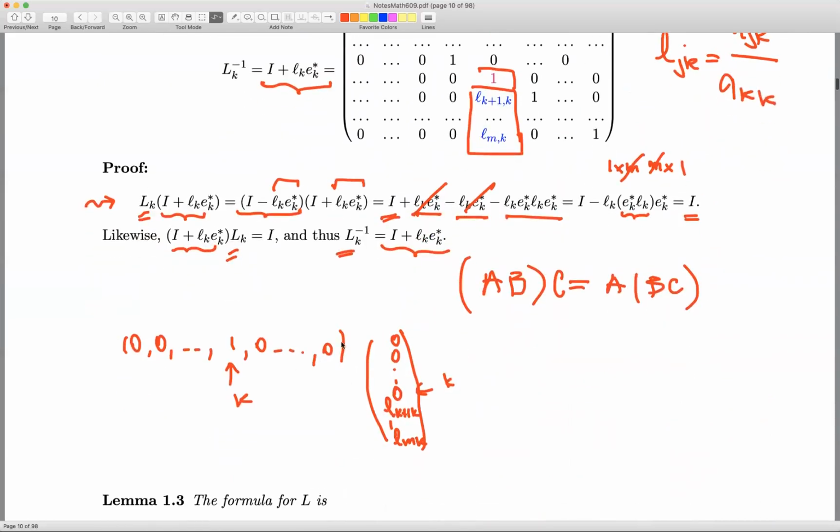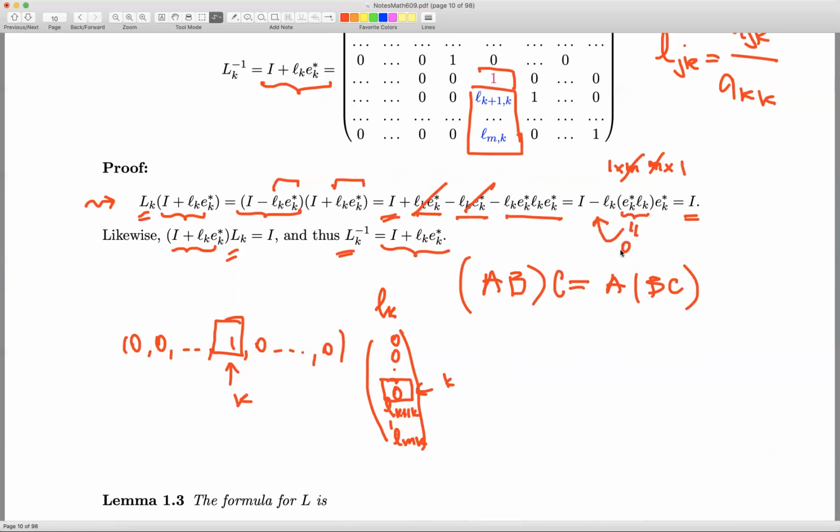Well, if I do this multiplication, then the only place where I can have a hope of a non-zero term is when the 1 will hit some entry of that vector L_K, but the 1 sits on position K. So if I do the multiplication, the 1 will hit exactly this term here, which stays on the Kth position, which is 0. So this number is nothing but the number 0. And this number, as a number, I can pull out.